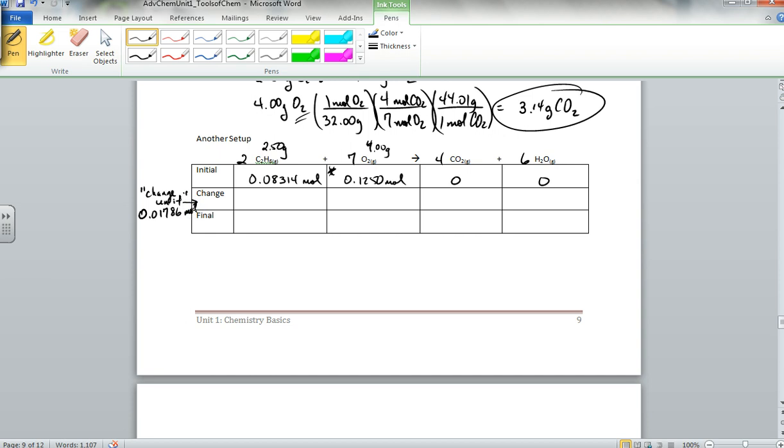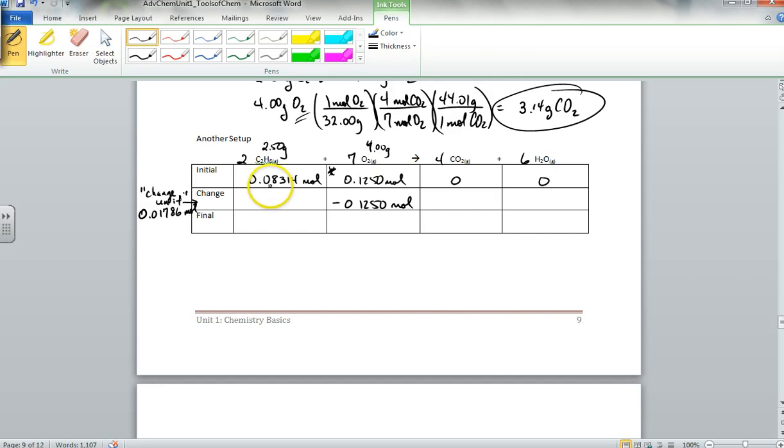Everything is going to change in this reaction according to this change unit, but it's going to be related to the coefficient. So the way this works is, this is our limiting reagent. It's easy to already say that this is going to be all used up, so it is going to decrease by that amount. Reactants are used up, and limiting reagents are totally used up.